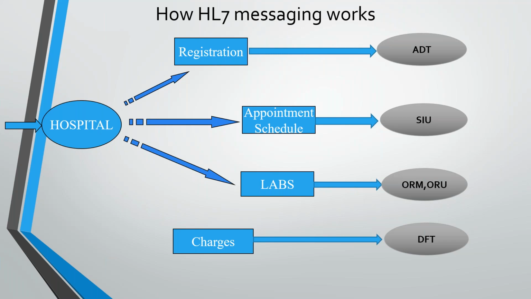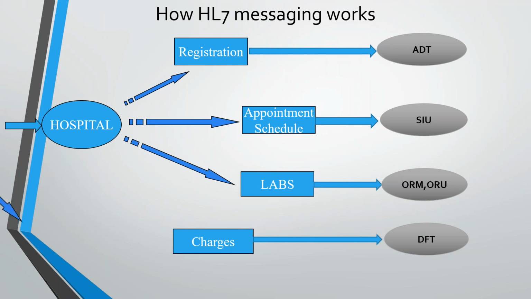Next one that we have is ORU, which is observation result unsolicited, which is nothing but the result message for the order that has been sent from EHR to the lab system. The lab system would perform the test, and they will respond back with the result to the EHR system.